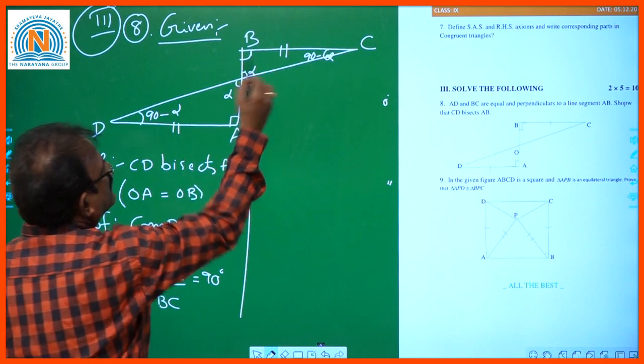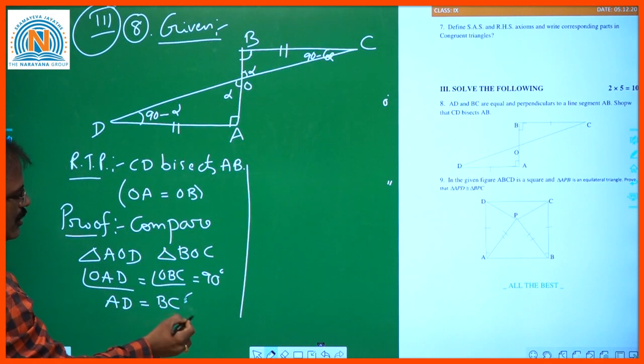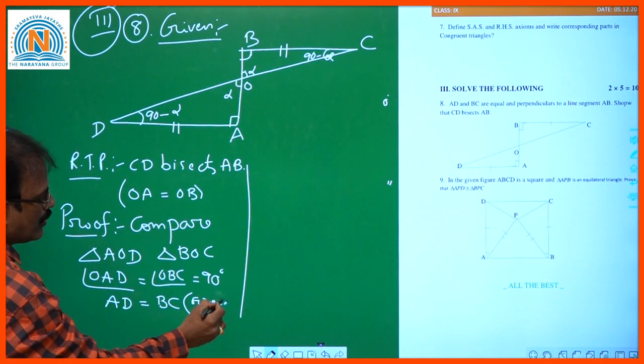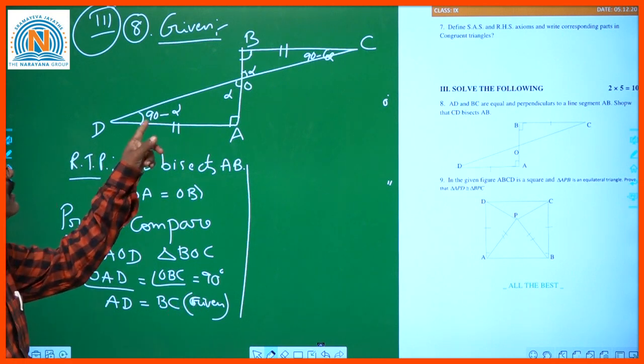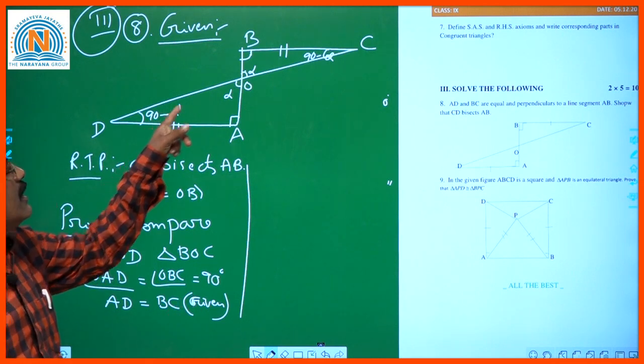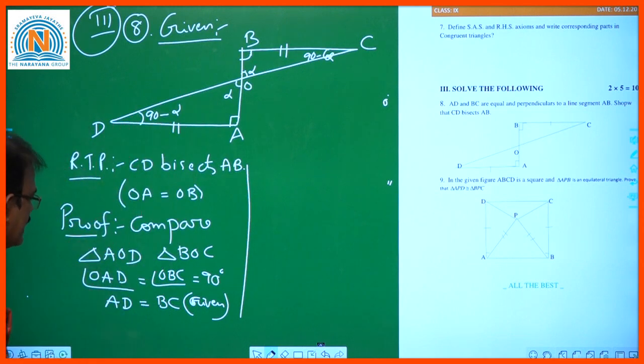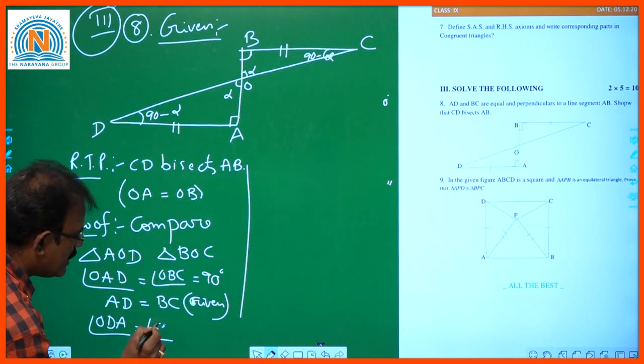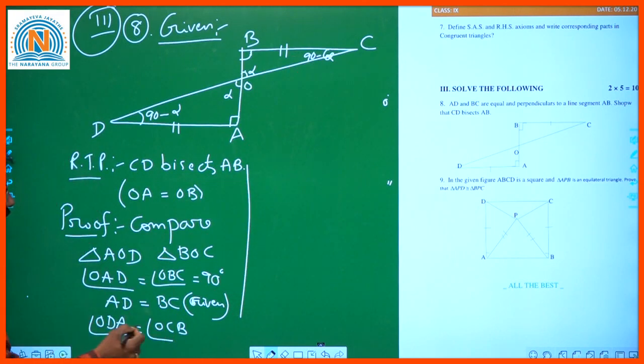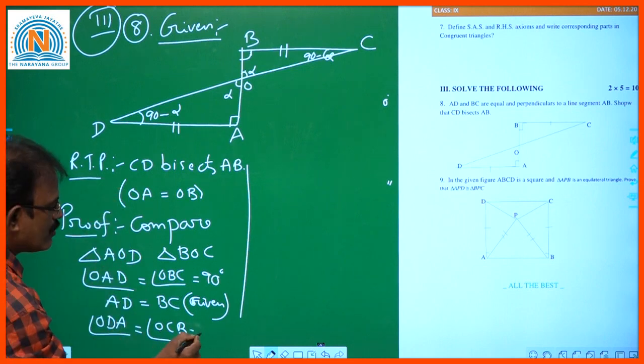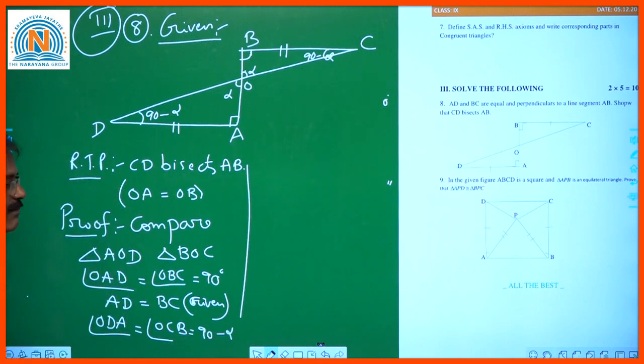Two slashes representing both are same. And our third comparison, 90 minus alpha. Angle at D, keep D in middle, ODA is equal to, keep C in middle, OCB. These two are equal by our observation, 90 minus alpha by angle sum property.